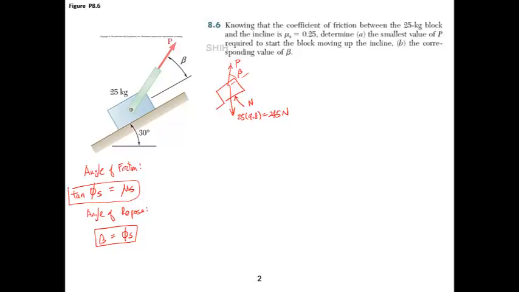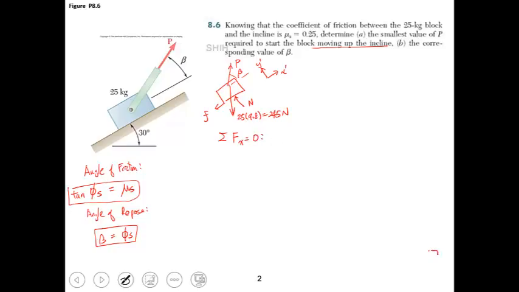The impending motion is up the incline, therefore my friction is down the incline. I'm going to set my coordinate axes x prime along the incline and y prime perpendicular to it, and I'm now ready to set up my forces.